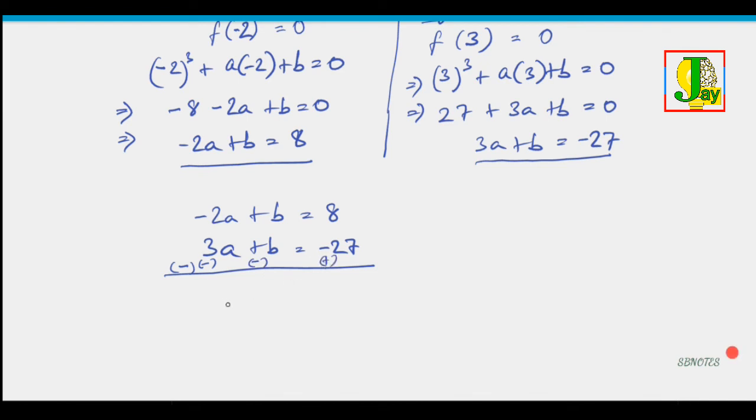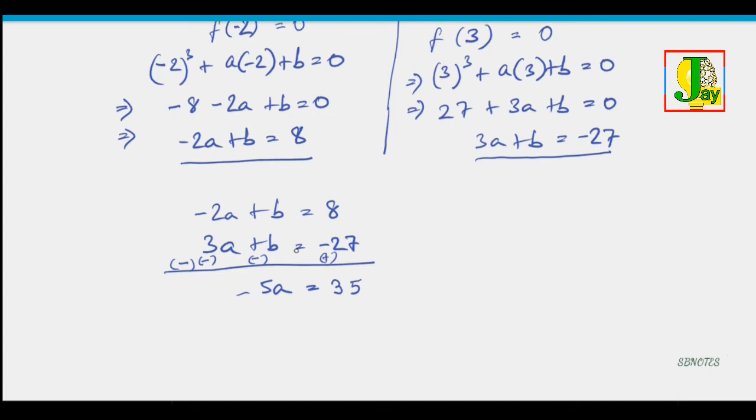So we have minus 2a minus 3a, minus 5a, equals 27 plus 8, 35. So a equals 35 by minus 5, that's minus 7. Now once we put a equals minus 7 in any of these, we get the value of b.